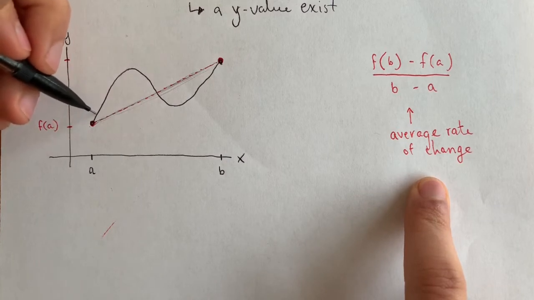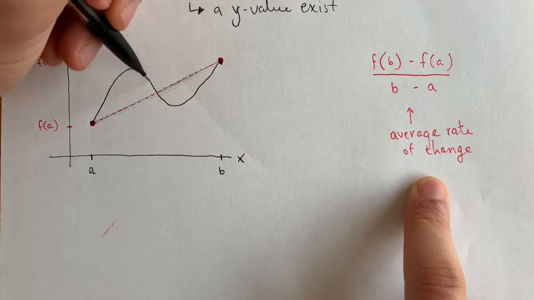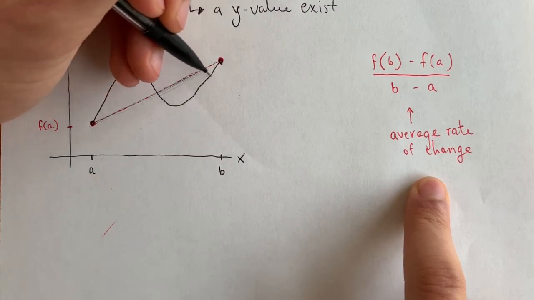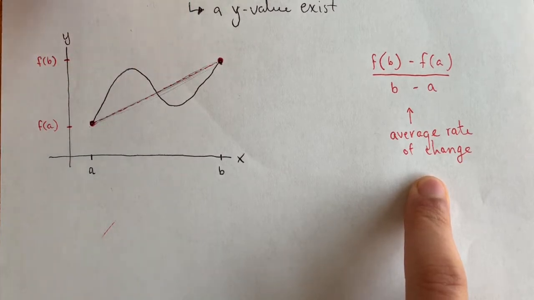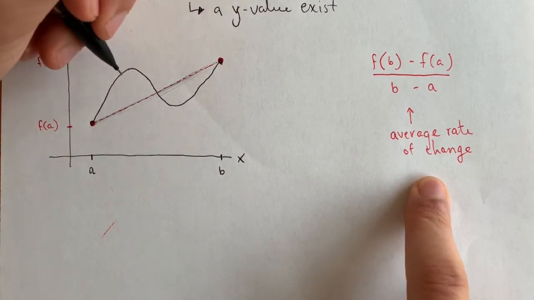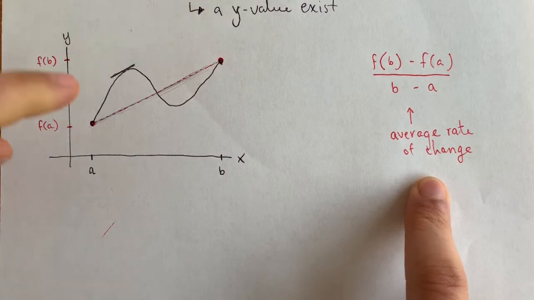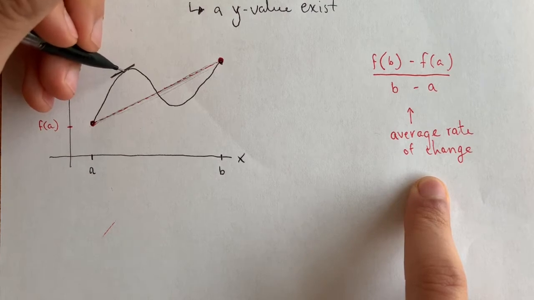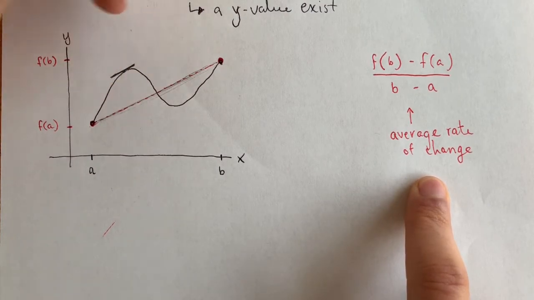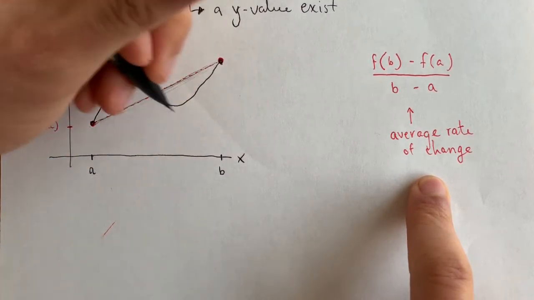So if I was to look at the tangent lines throughout here, I am, with the mean value theorem, saying at least at some moment, the slope of my tangent is equal to this slope, or parallel to this slope. So there must have been like maybe a point right here. It's probably off a little bit, but at that slope, it's the exact same slope as this. This would be the instantaneous rate of change.